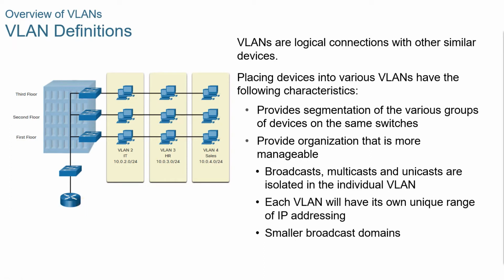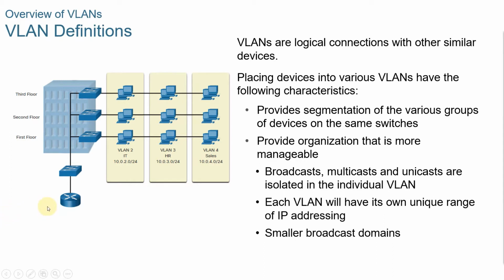However, the devices will be in the same layer 2 broadcast domain. This means that any layer 2 broadcast, such as an ARP request, will be received by all devices on the switch network, even by those not intended to receive the broadcast.